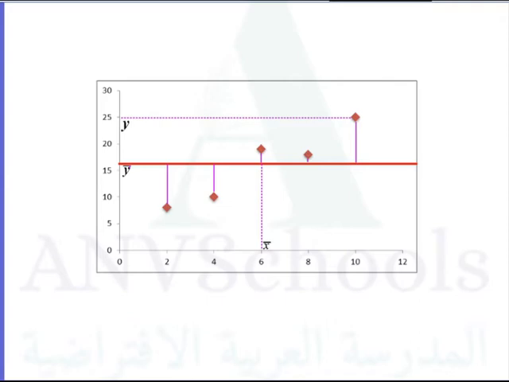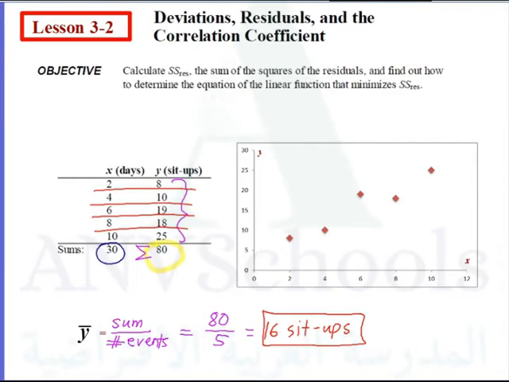So the number of sit-ups is an average of 16, which is here, this line. Okay, the average is this line, the red line. And these are the points of the data with most performances with the sit-ups.